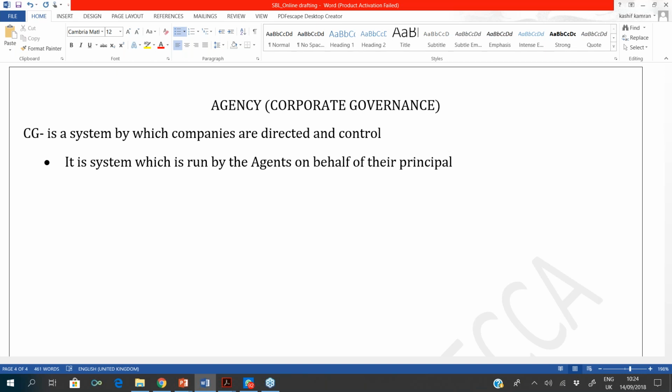I'm using agents in plural form here, right? On behalf of their principal. It is a system. Which system? You just understand that system above, right? Now I'm saying the system is run by the agents on behalf of the principals. Who are the agents of the system?